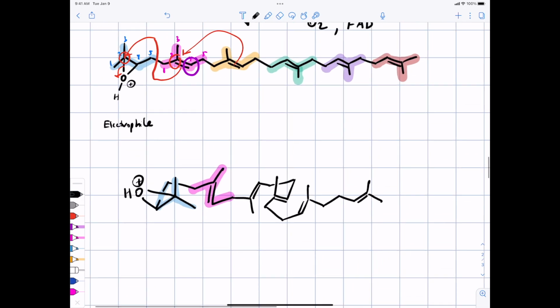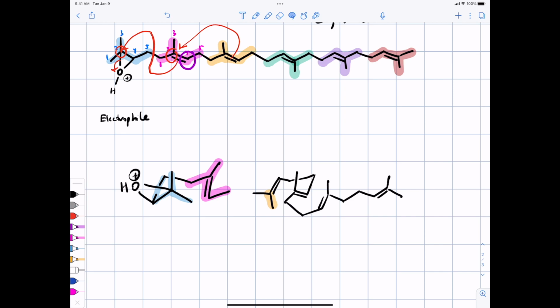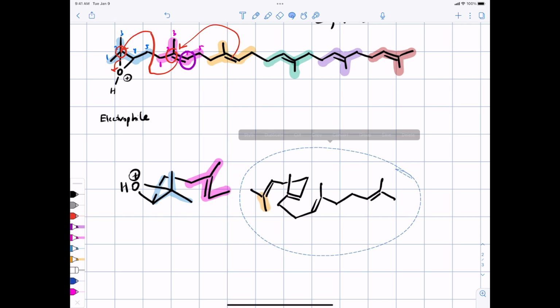Okay. I'm going to label the, oh shoot. Sorry, I messed up here. There should have been another carbon. I'm sorry, I recognize that's obnoxious.